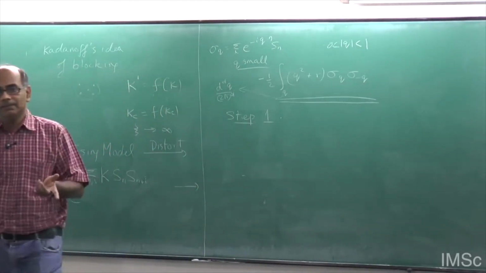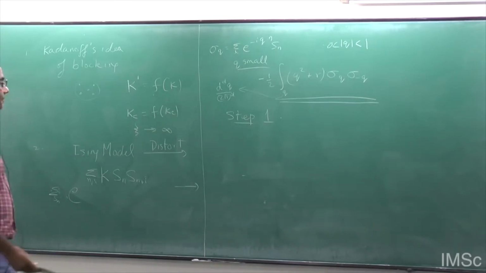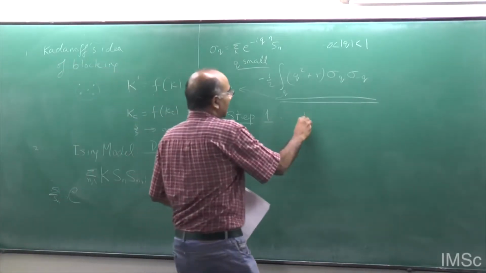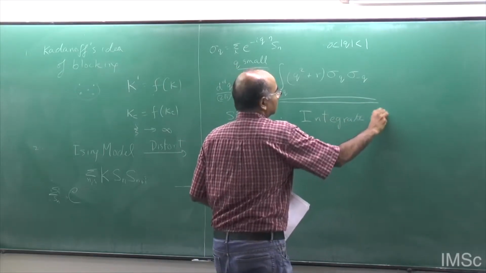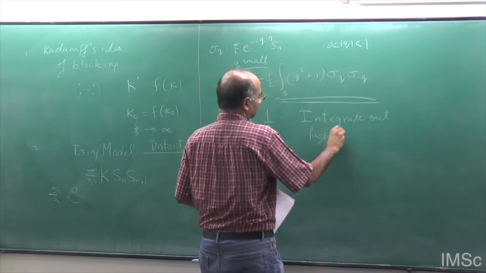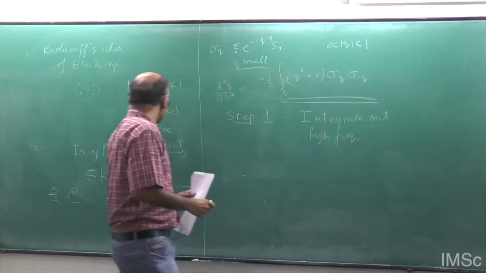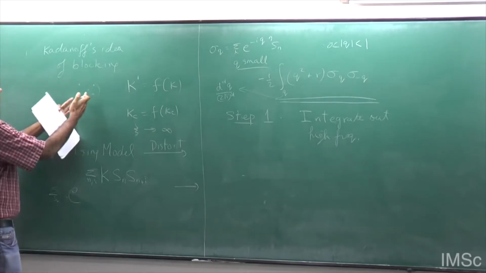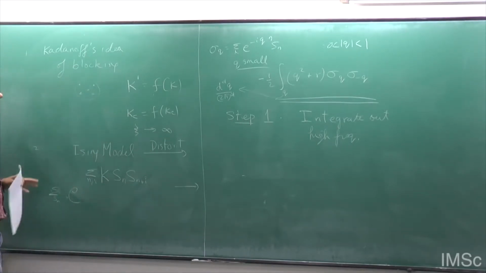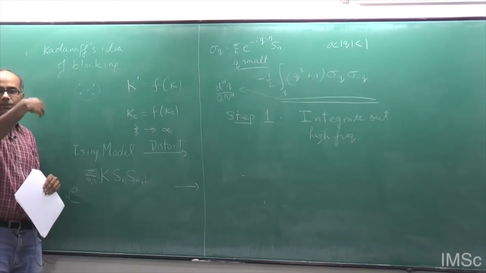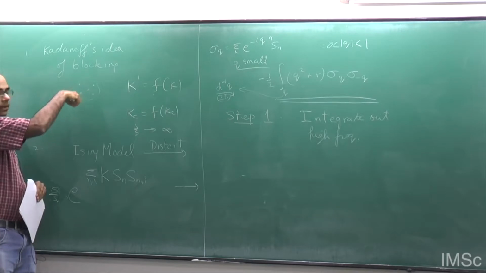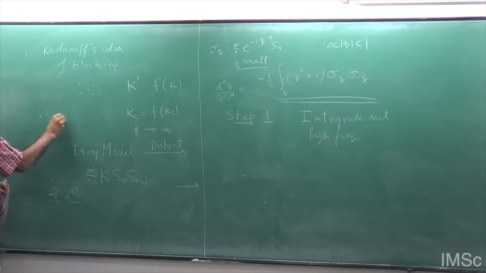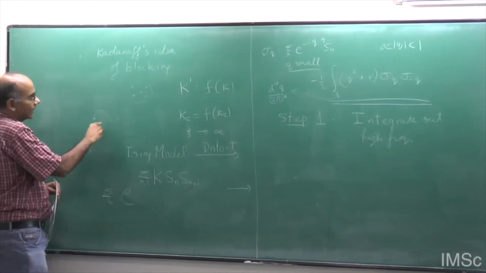So the first step is to integrate out the high frequencies. So in position space, what corresponds to a blocking which increases the length scale, in momentum space, that means you remove the high frequency components, frequencies that vary on a smaller scale than the new scale. So if your initial scale is this, you typically have frequencies that are higher than that.